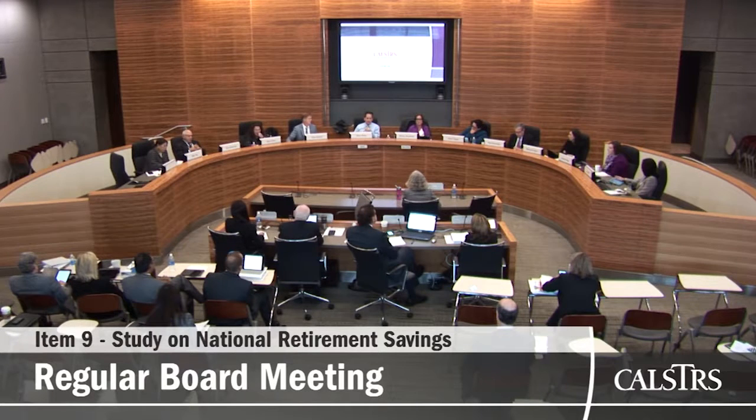So a couple of thoughts. It's a really good report. And what do you do with a report, right? You get a report, you get a presentation. So what does it mean for us? It's like, so what does this really mean? What can we do that's actionable as a board, and should we be doing it? I think, yes, we should be taking action because it fits into our mandate of ensuring retirement security for California's educators.